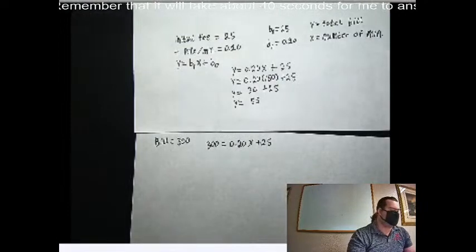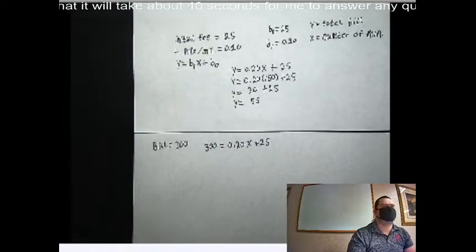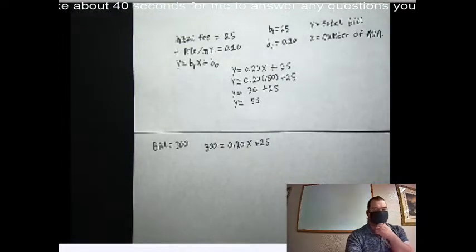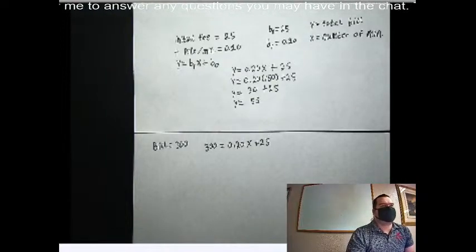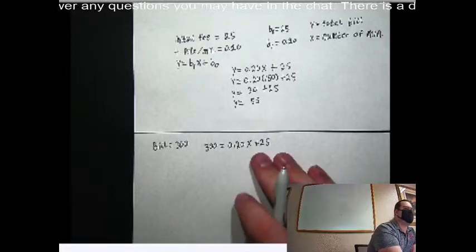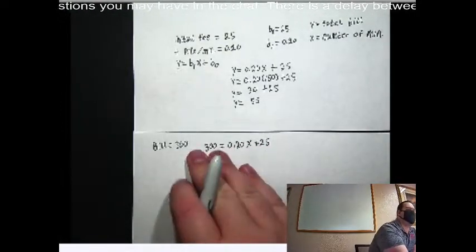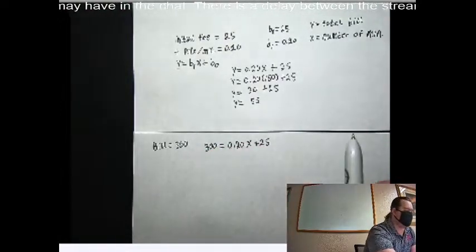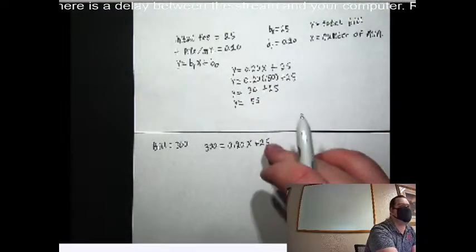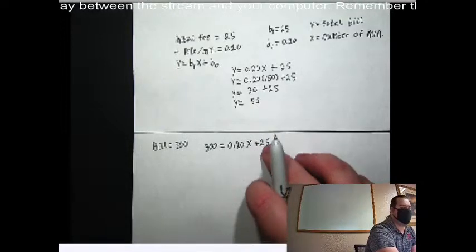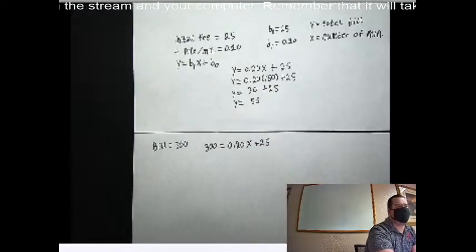Okay, so how do we do this? Well, what we're going to do is move everything that isn't an x over to the other side. We want to do things that will basically eliminate the numbers on this side so we don't have them around x.